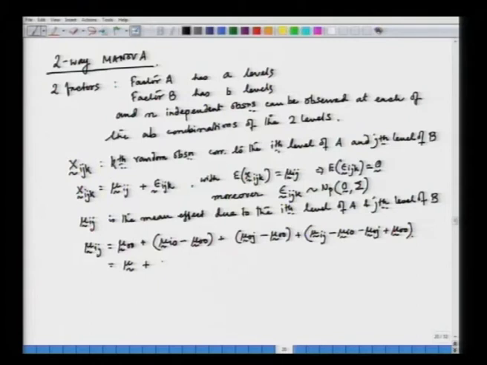Here it is mu i naught minus mu naught naught, and this is, say now, alpha i, and for this I have beta j, and this is giving me, let us use another notation, gamma, depending on both i and j. This gamma ij part has the interpretation of the interaction effect of factor A and factor B. So, let us just describe all these parameters that we have introduced.